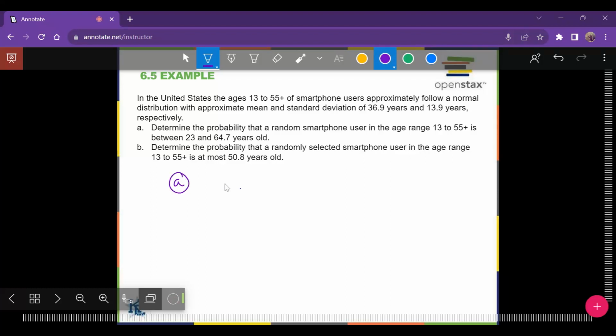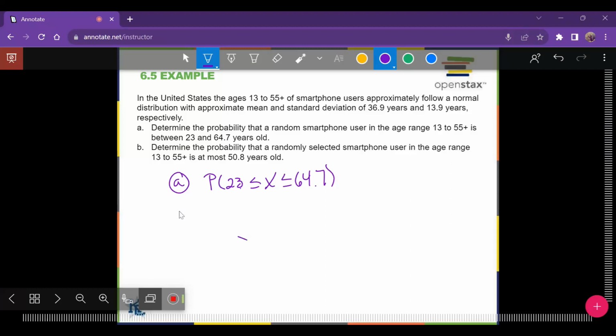A, we're doing a between again. Probability that 23 is less than or equal to x, which is less than or equal to 64.7. I've been using less than and less than or equal interchangeably here. That's because it's continuous. Less than and less than or equal to mean the same thing.